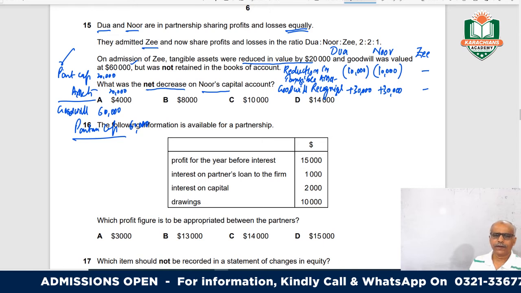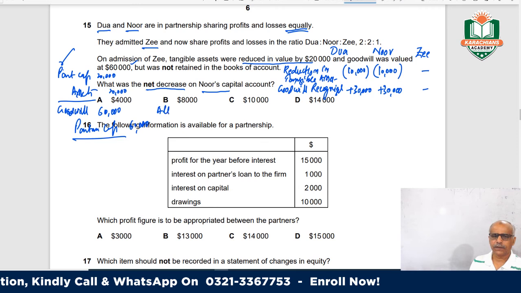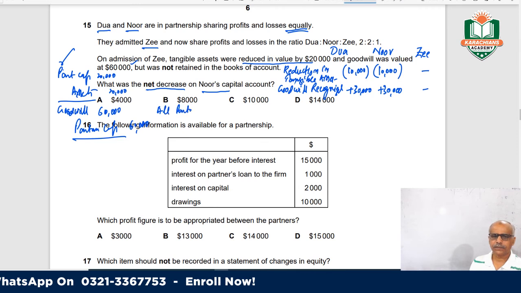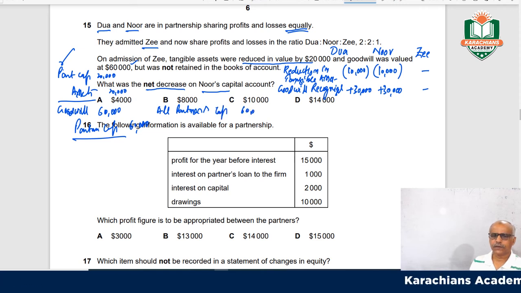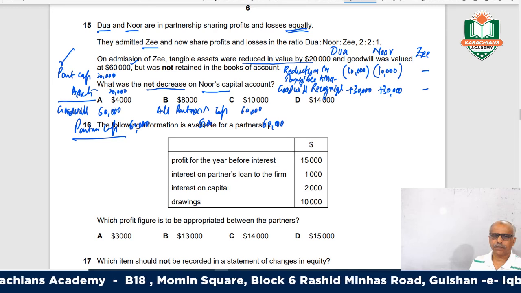When the goodwill is written off, what entry would you make? All partners' capital will be debited with 60,000 and you will credit the goodwill 60,000.